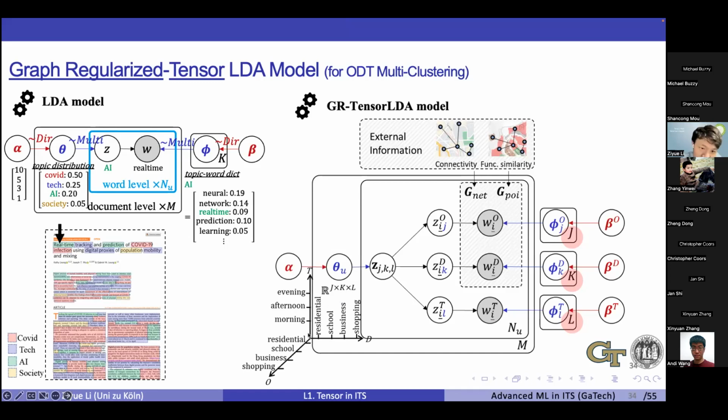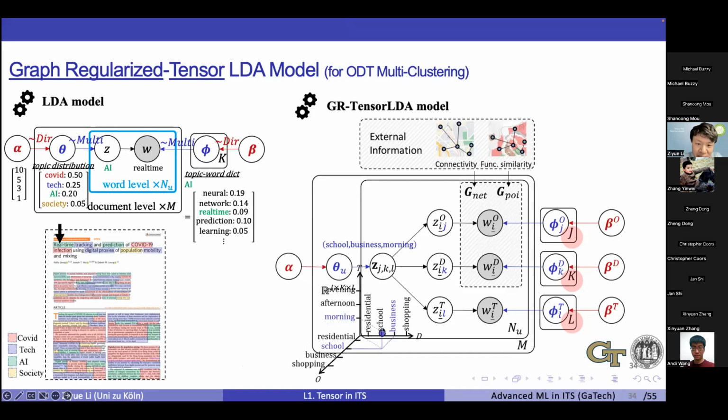For example, in the time dimension, it can be morning, afternoon, evening. In the OD dimension, it can be residential, school, business, shopping area. So from this theta tensor, similarly, we draw a topic for this passenger. For example, for this word we get school to business area in the morning.